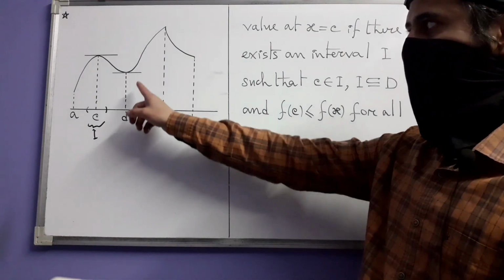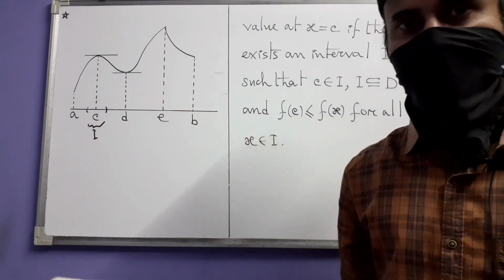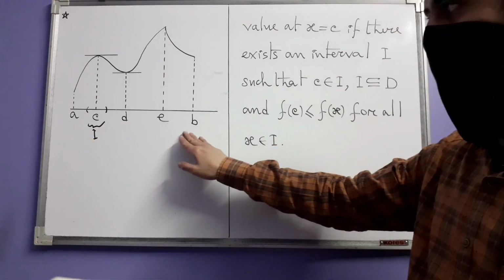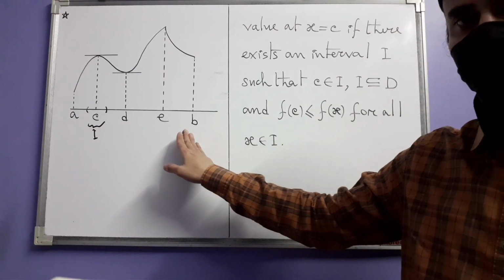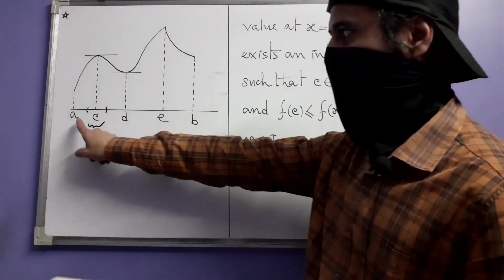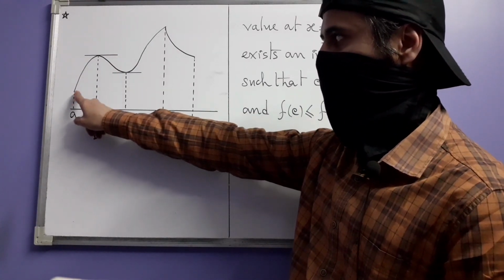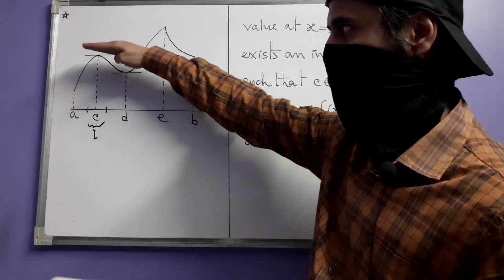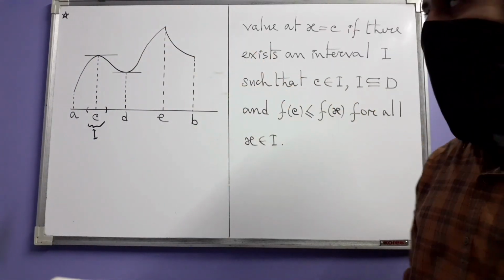Next, let us consider this. It's the graph of a continuous function in the closed interval with endpoints A and B. Let's see what the extreme values are. At the left endpoint A, you have the absolute minimum value, which is the smallest among all possible f values.